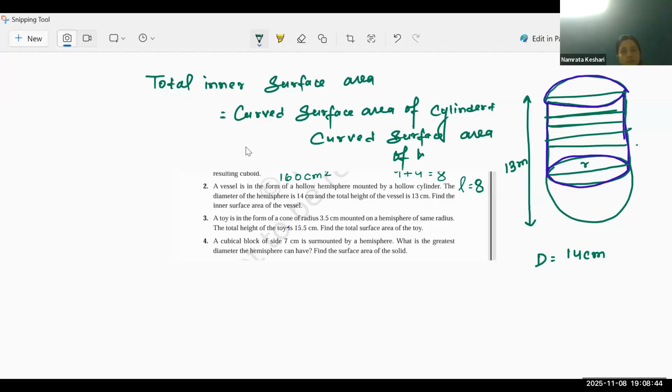Yes, ma'am. The curved surface area of the cylinder formula, as we just saw, is 2 pi rh, and the curved surface area of the hemisphere is half of the sphere's formula, that means half of 4 pi r square, which is 2 pi r square, right?